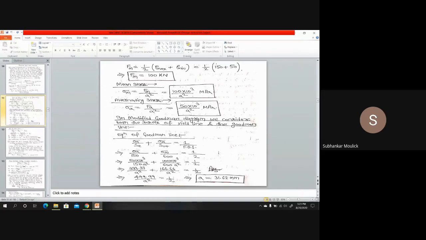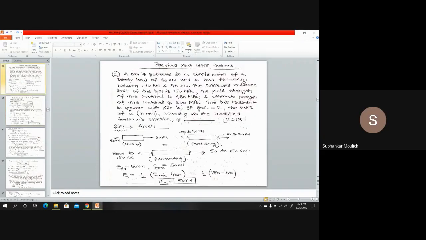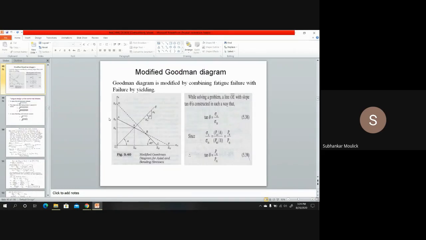Is it clear? Sigma m and sigma A. Yes, sir, clear. Fine. Now what you need to find out is the side of the square by taking the criteria of the modified Goodman diagram. If you know the modified Goodman diagram, it is obtained by combining the normal Goodman diagram.